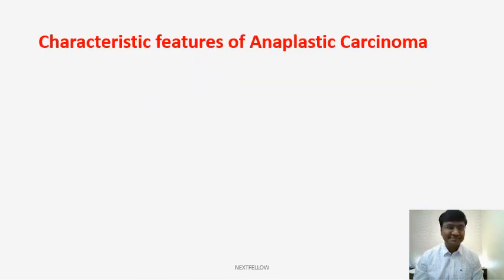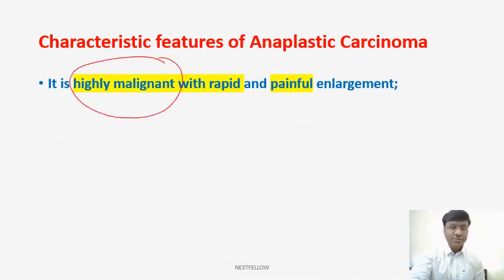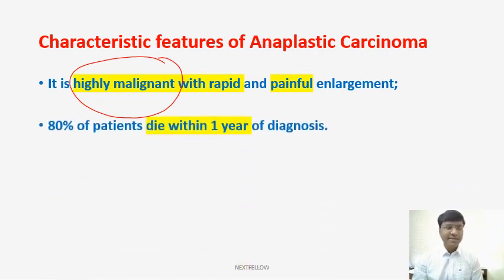And what are the characteristic features of anaplastic carcinoma? Among all the types of thyroid carcinomas, anaplastic carcinoma is a highly malignant tumor, right? It undergoes rapid enlargement of the thyroid gland, a very painful enlargement, and 80% of the patients die within 1 year of diagnosis.